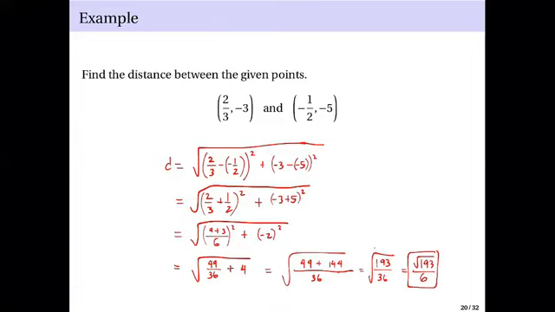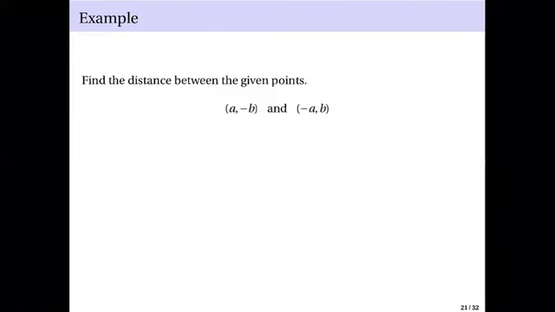Next problem. Find the distance between the points a comma negative b and minus a comma b. So we have here arbitrary numbers. So we just write this.